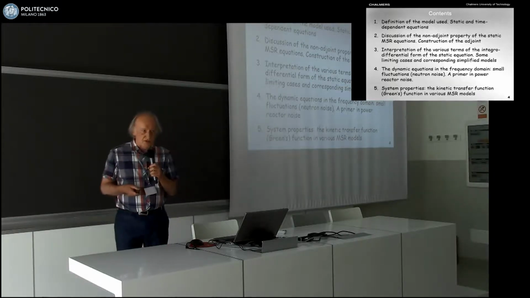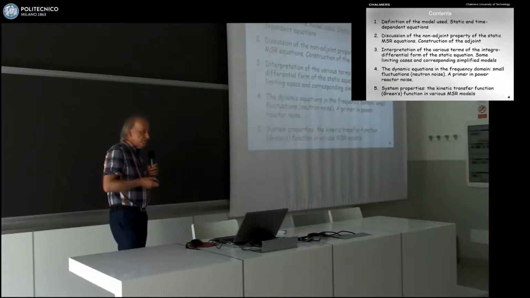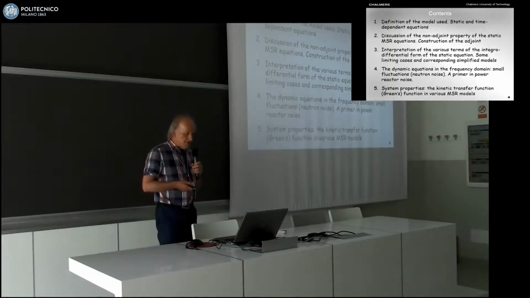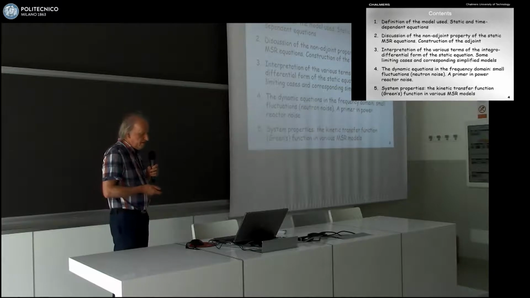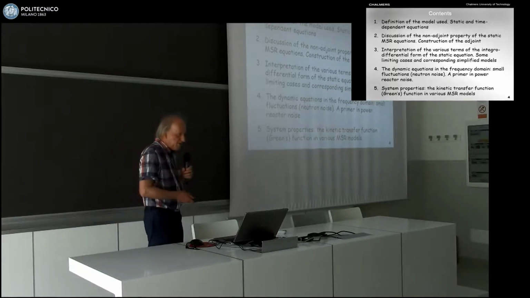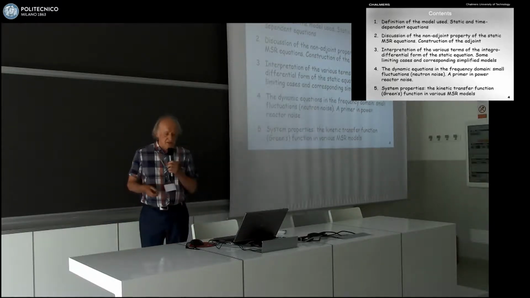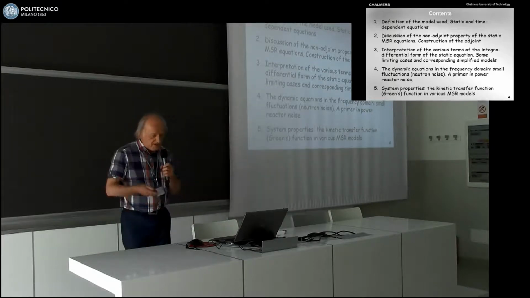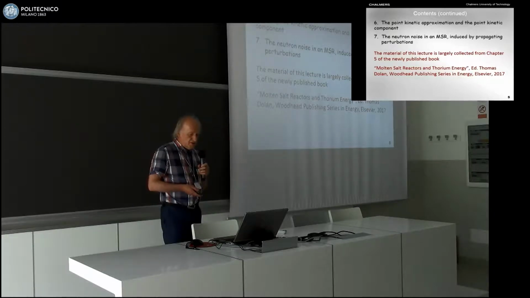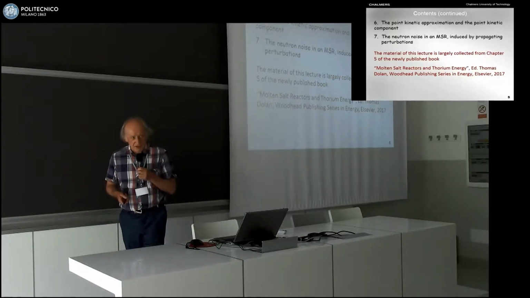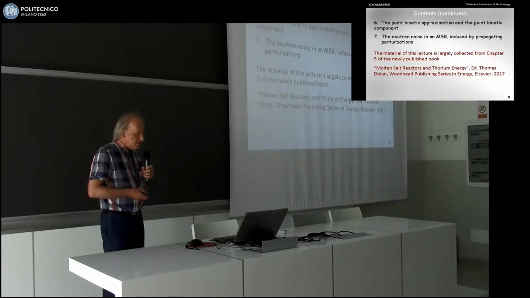It's only neutronics. Only for this reason, you could already question how one can talk about dynamics, and I will tell you why I think that's dynamics. And the dynamic equations in the frequency domain. I will tell you why neutron noise is interesting, or at least try to illustrate. And calculate the Green's function and point kinetic approximation. That was something coming up yesterday.